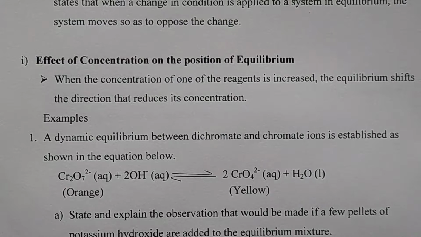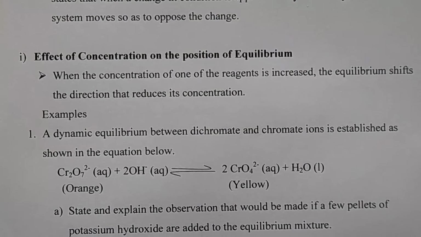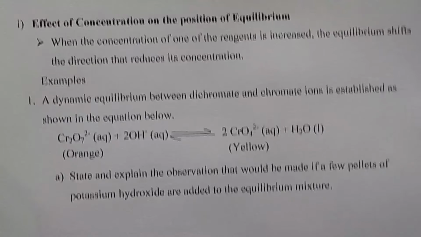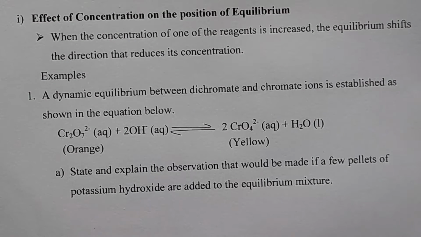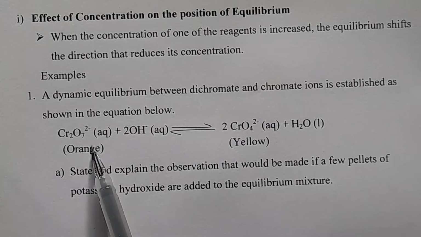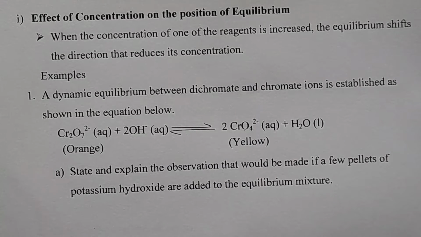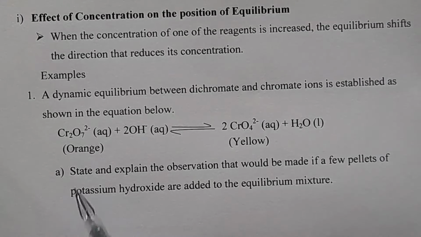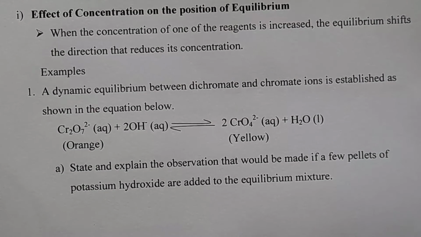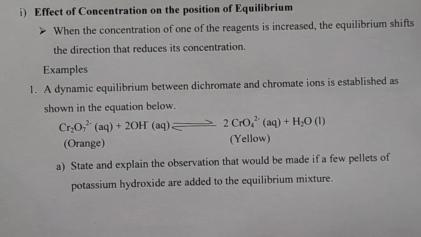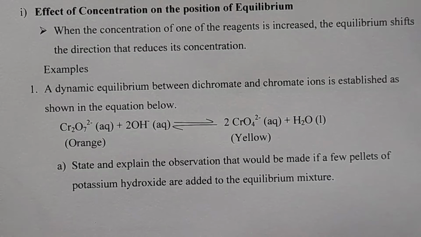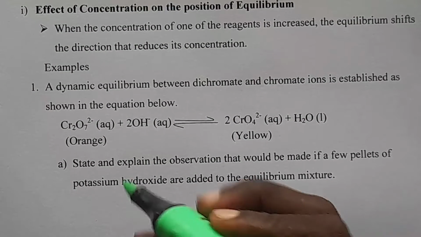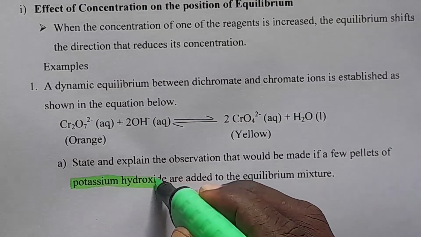So we go to examples. Number 1, we are told a dynamic equilibrium between dichromate and chromate ions is established as shown in the question below. So we have the question like that. Here we have the dichromate, and here we have the chromate ions. Okay, so part A of the question, we are told state and explain the observation that will be made if a few pellets of potassium hydroxide are added to the equilibrium mixture. So we are given here a condition of adding potassium hydroxide to the equilibrium.